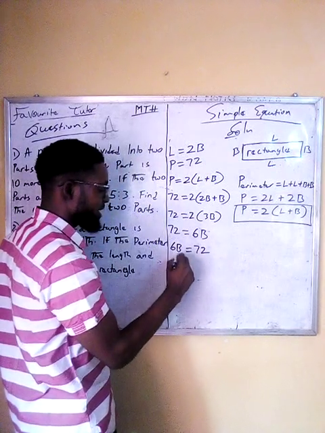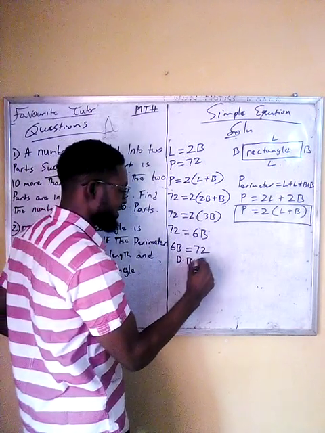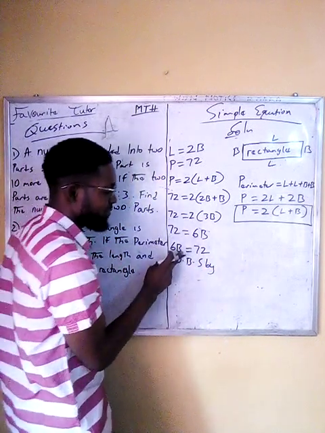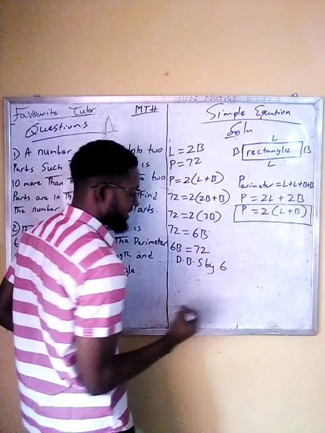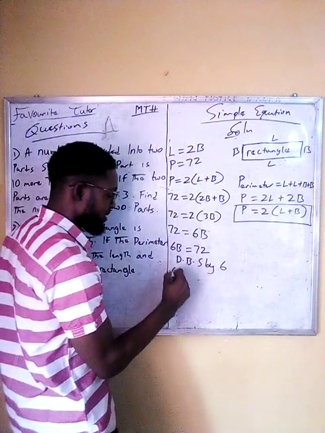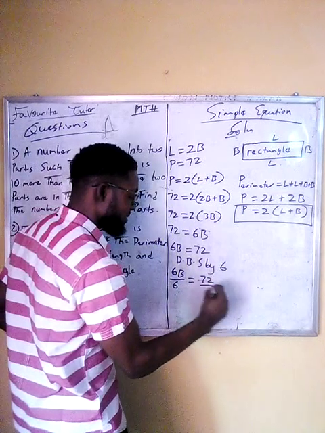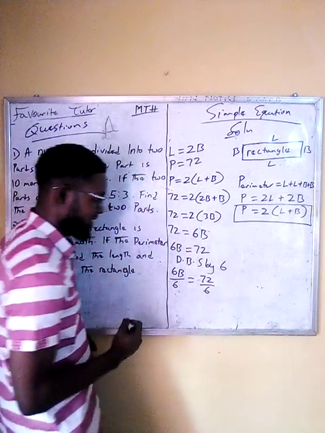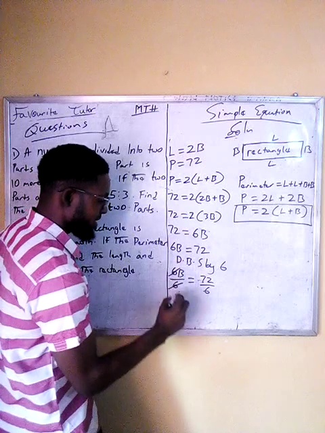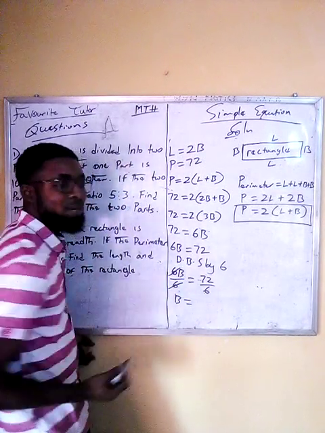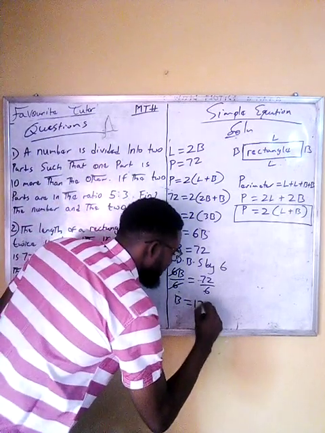We'll now divide both sides by the coefficient of the breadth, which is 6. So 6 breadths divided by 6 equals 72 divided by 6. 6 cancels 6, leaving the breadth equal to 72 divided by 6, which is 12.